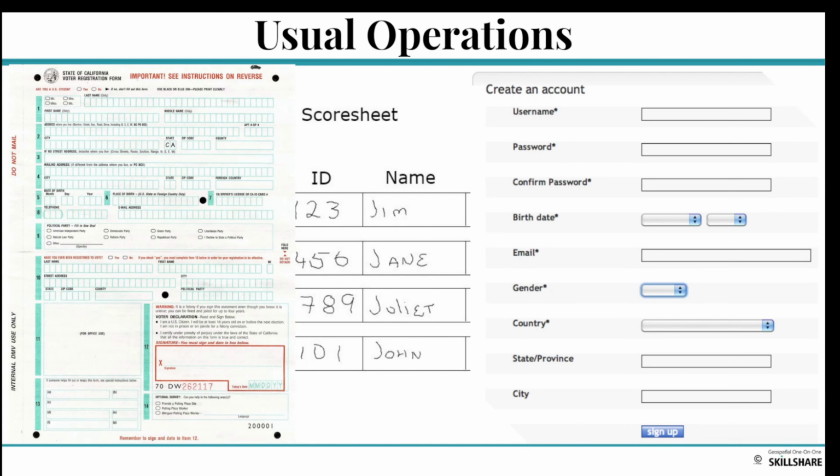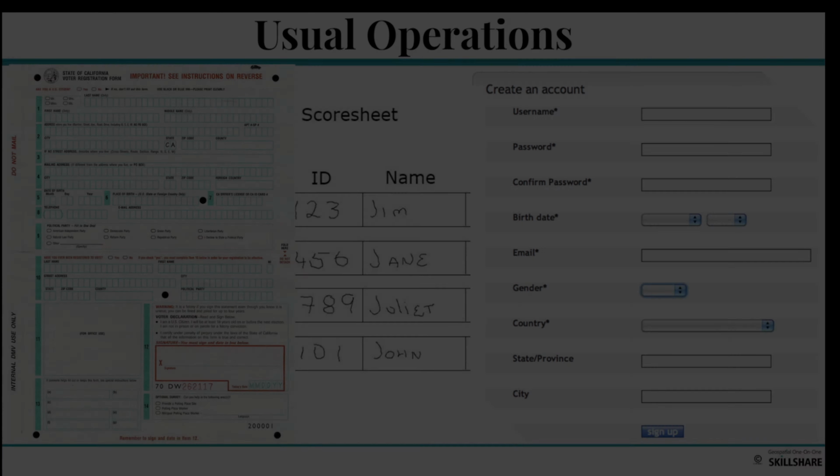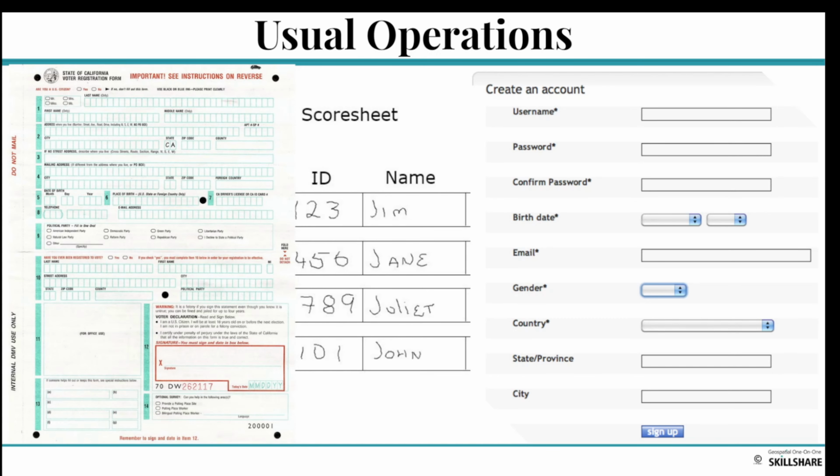In our day-to-day life, we have come across several transformations in society. We have lived to see information collected by writing it on paper with a pen.